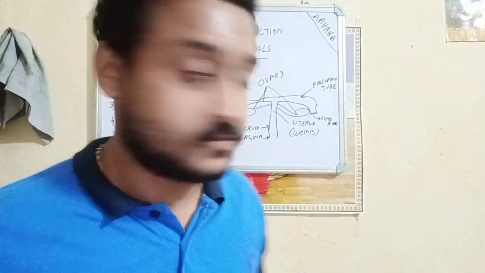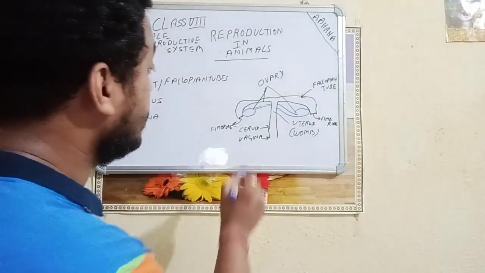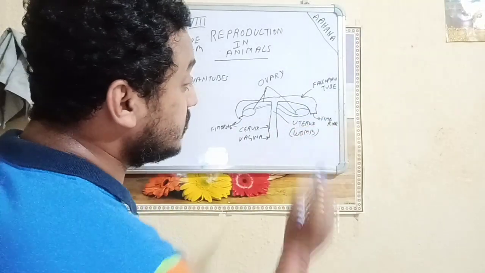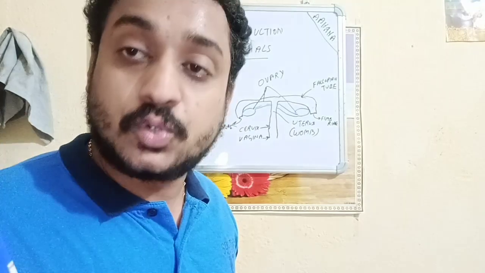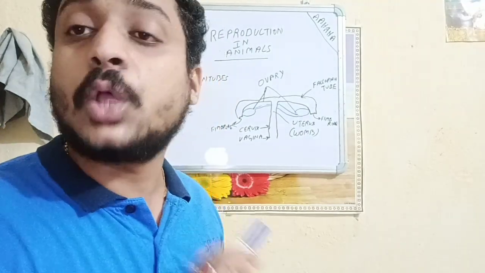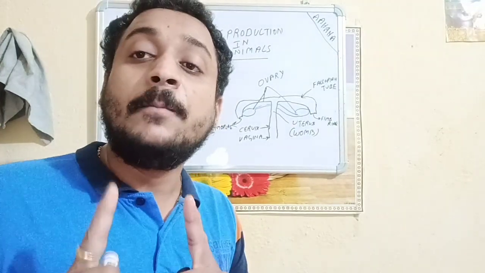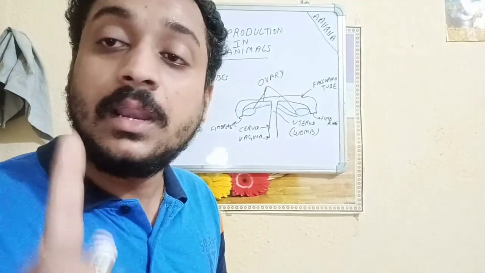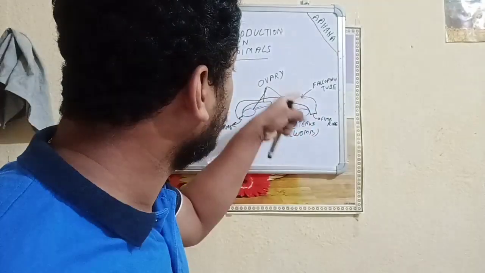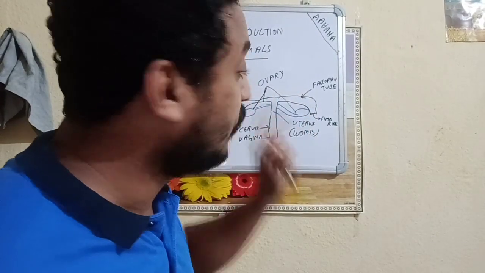Now, the next one. The fimbrial structure, though its function is very minute or simple, is the main one. Why? Because if the fimbriae do not capture the egg or ovum, then nothing can transport the egg from the ovary to the fallopian tube.